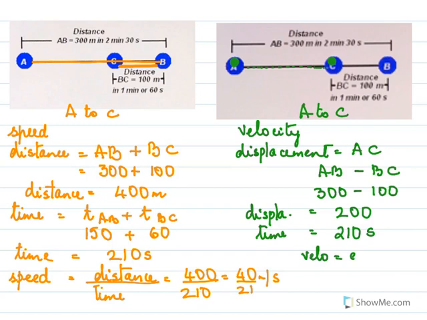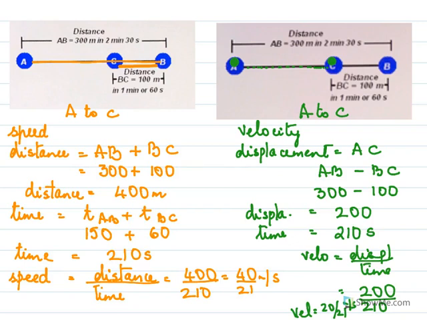So velocity is displacement over time, and in this case our displacement is 200, time is 210. So velocity is equal to 20 over 21 meter per second.